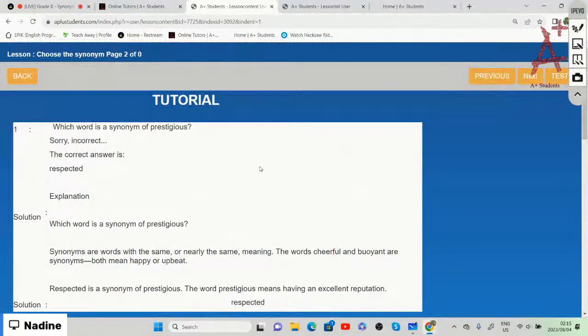The word prestigious means having an excellent reputation. And respected is a word that is similar in meaning to prestigious, because if you are respected, then it means that you have an excellent or great reputation.